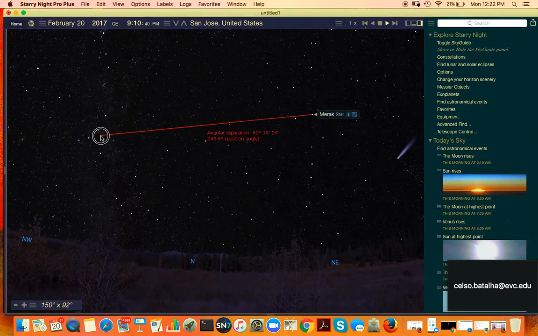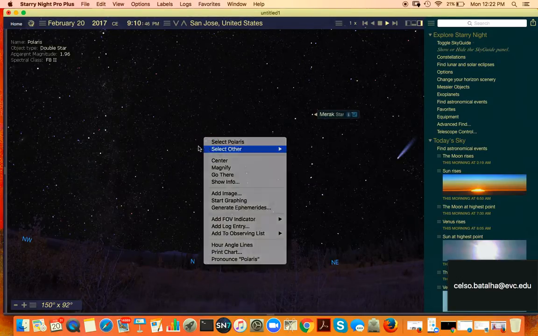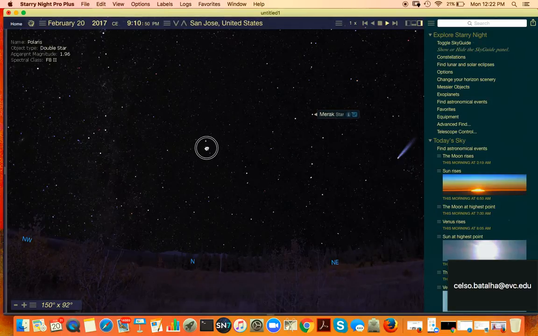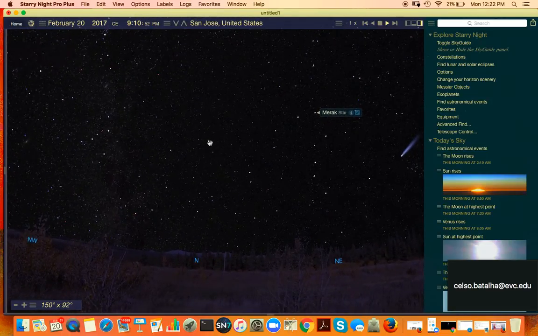It's right there. Now, if you locate Polaris, draw a line straight down, perpendicular to your horizon, and then you're going to be very close to due north.